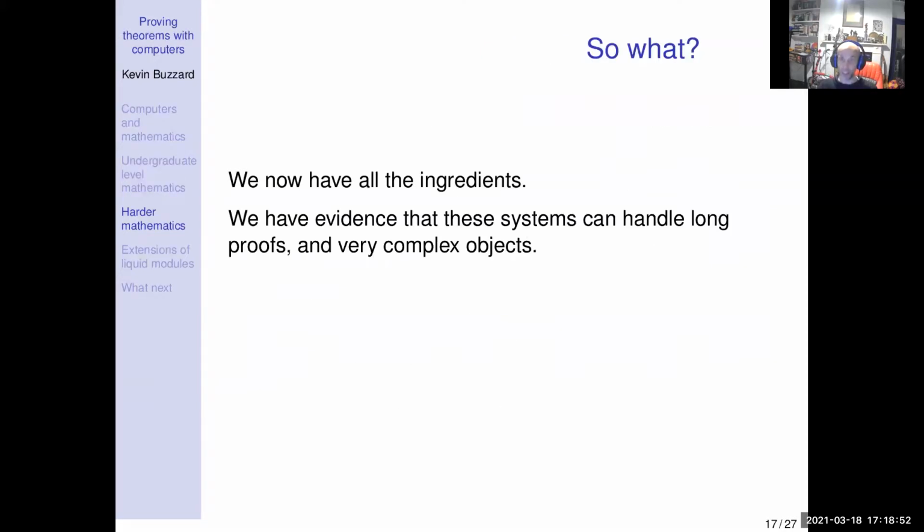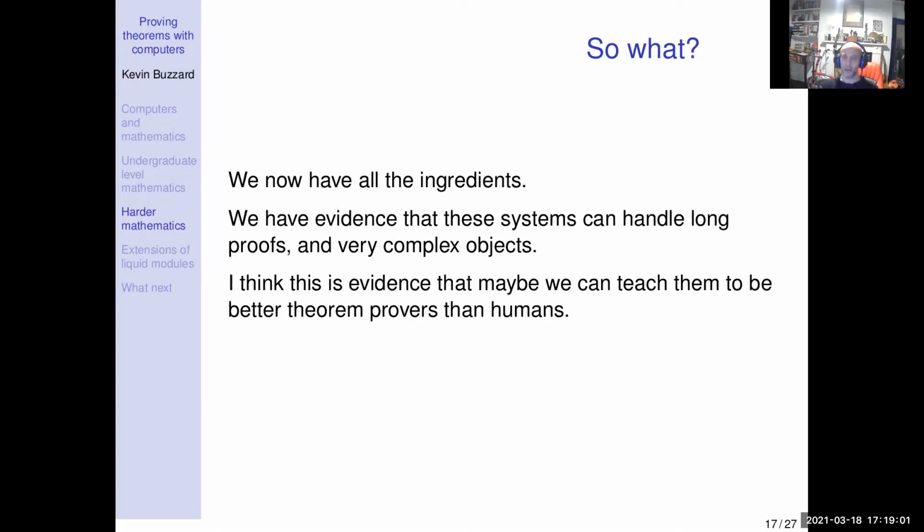So now we've got all the ingredients, right? We know they can handle arbitrarily complex proofs, and we know they can handle arbitrarily complex mathematical objects. And so it's clearly the case that in theory, these things might end up being better theorem provers than us, right? Than humans.